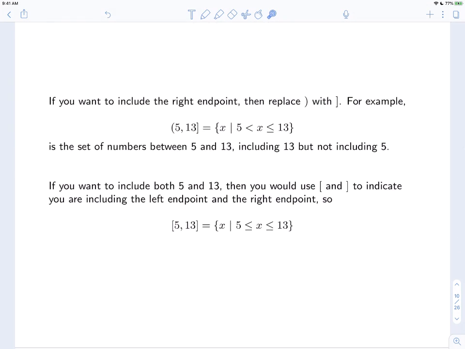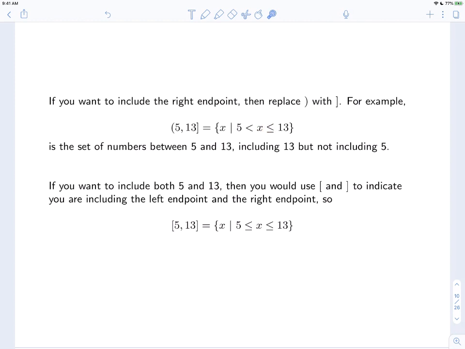Similarly, we just talked about including the left endpoint. But if we want to include the right endpoint, then we can replace the right parenthesis with the right bracket. So here we have the set from 5 to 13, excluding 5, but including 13. In set builder notation, that's the set of x such that 5 is strictly less than x, and x is less than or equal to 13.